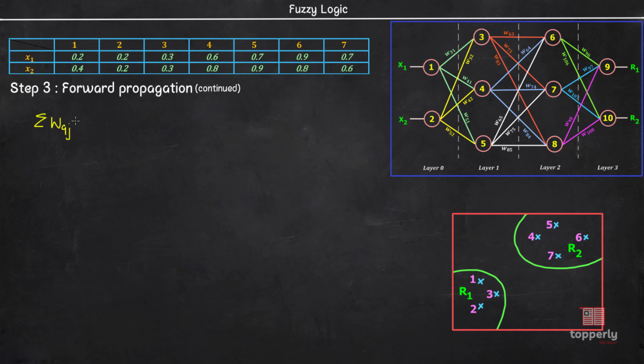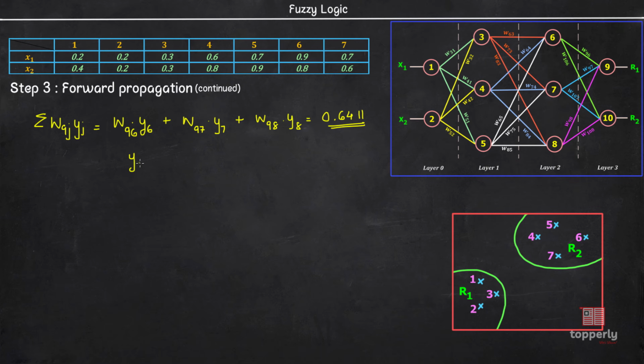Now, coming to the output of neuron 9, we will calculate sigma w9j into yj, which is equal to w96 into y6 plus w97 into y7 plus w98 into y8, which is equal to 0.6411.